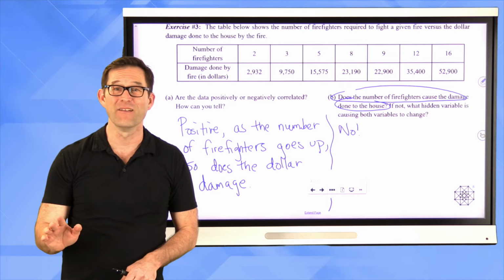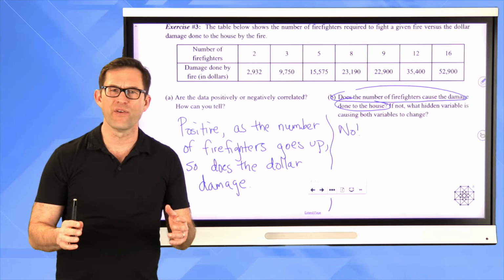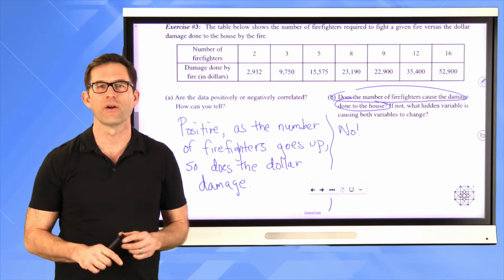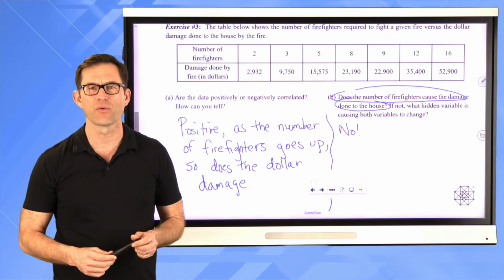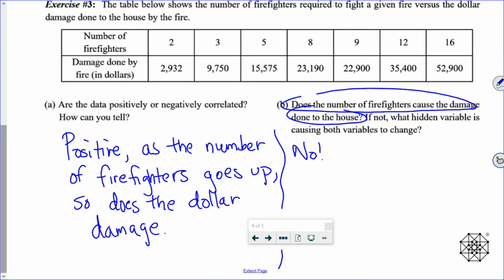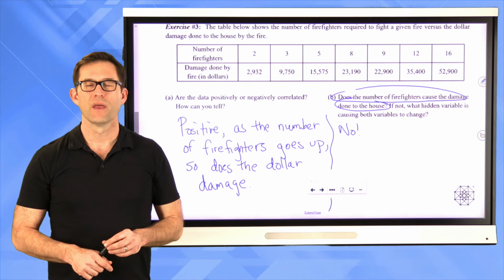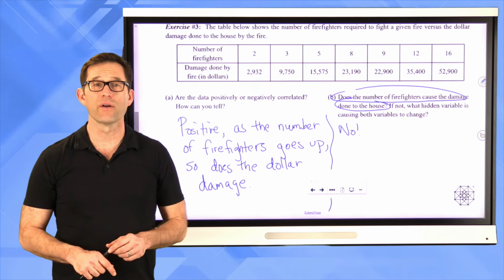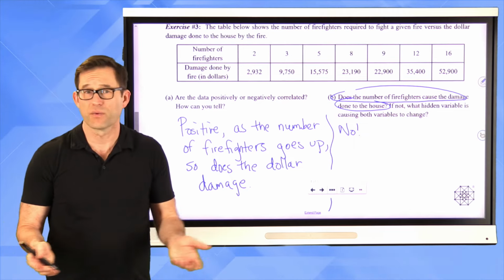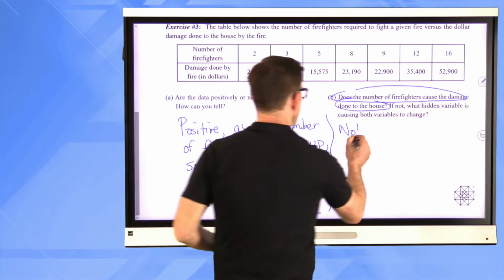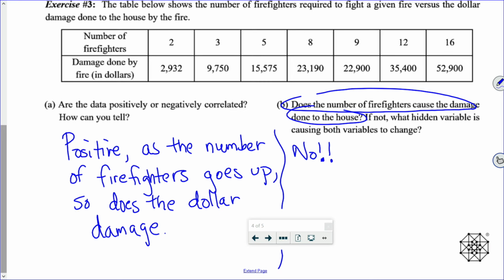That's not it. So what is the lurking variable? Pause the video now and see if you can write something down. Well, the lurking variable is the severity or the size of the fire, right? That's it. Let me use size of the fire. I'm going to put 3 exclamation points here.